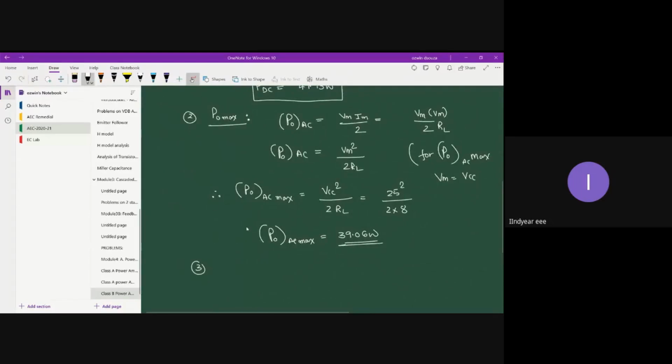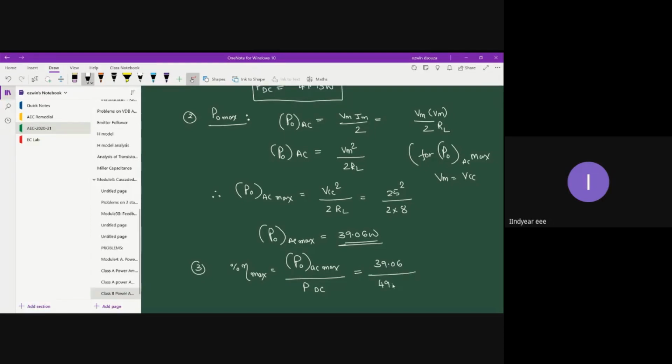And finally we have percentage efficiency, eta maximum. So eta maximum is P naught AC maximum divided by PDC. P naught AC is 39.06 divided by PDC.